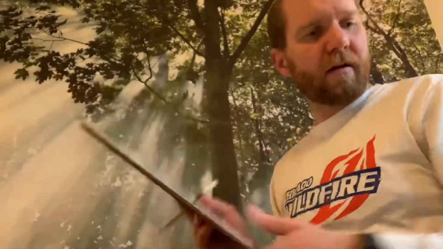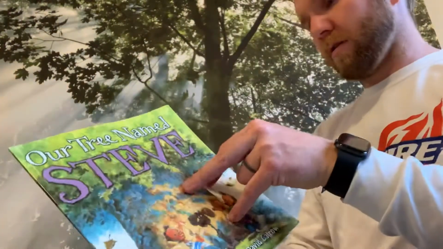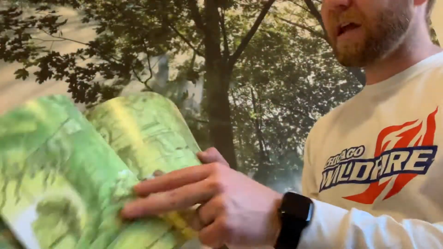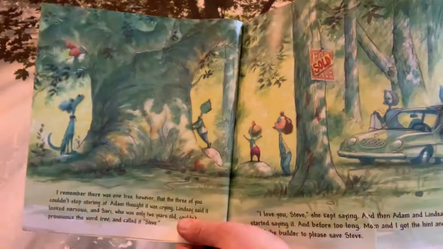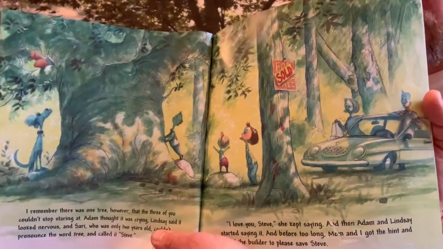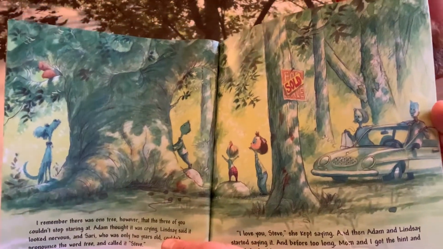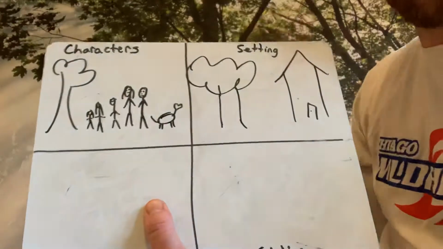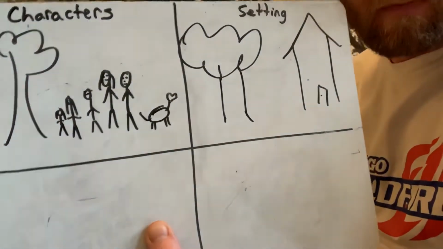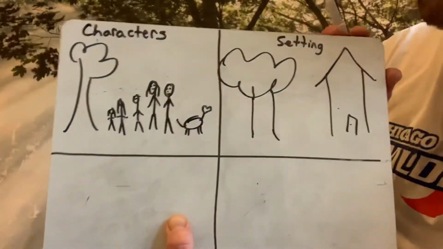And it looks like their house, does it look like they live in a city? Let's see. Does that look like a city? No, I see lots of other trees. I don't see any sidewalks or other people. So I think they might live in the woods. So the setting was in the woods, or not in a city at least.